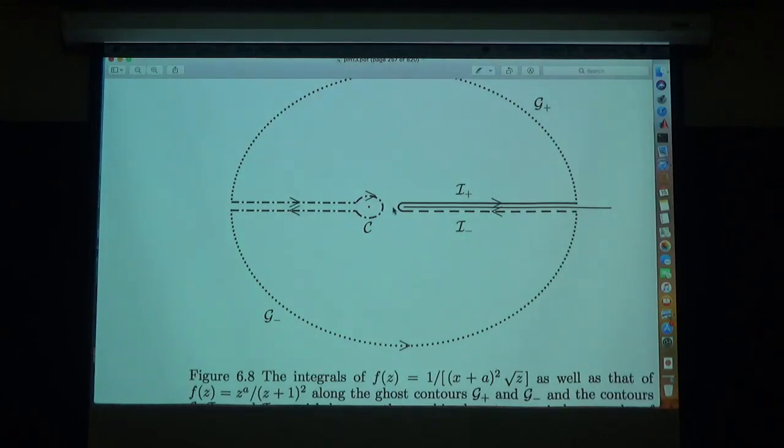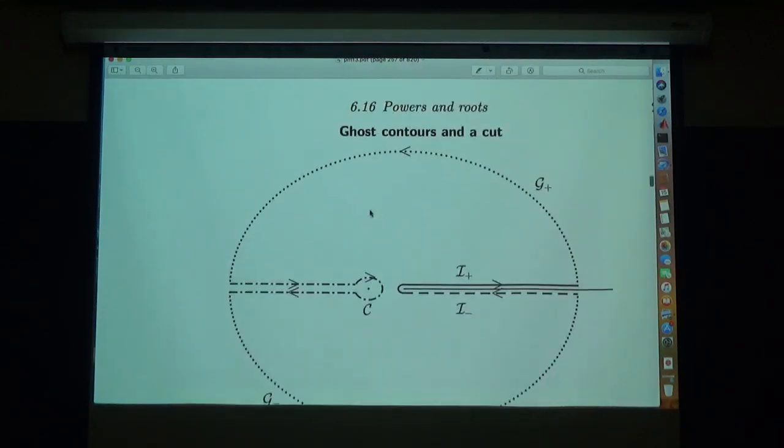So then you make some observations based on the function itself, and it turns out these two contours cancel. These two add. The G plus and G minus are both 0, and this is a simple exercise in Cauchy's formula.